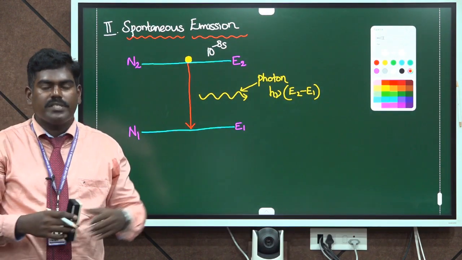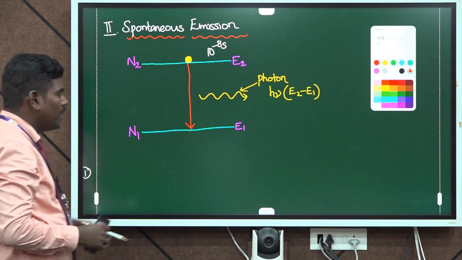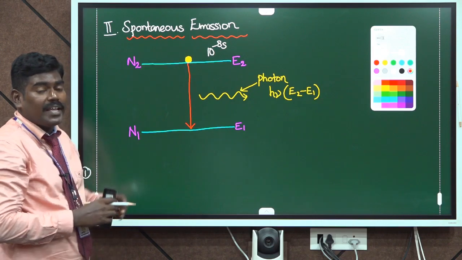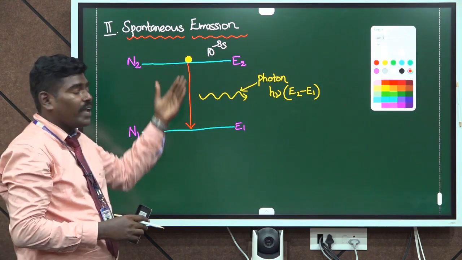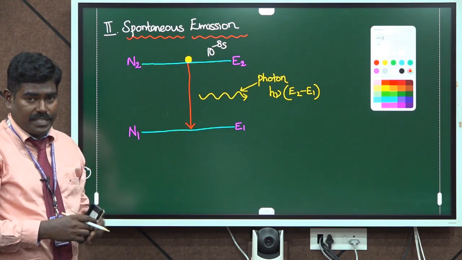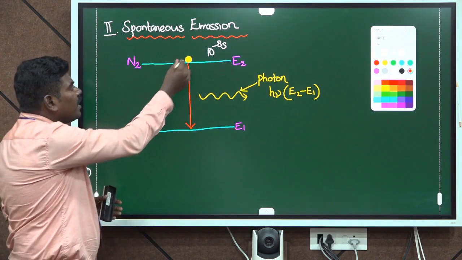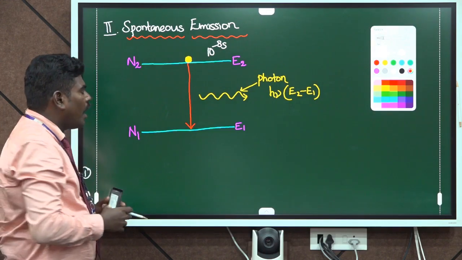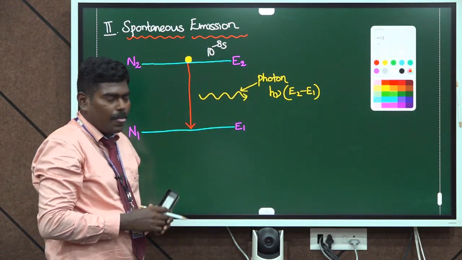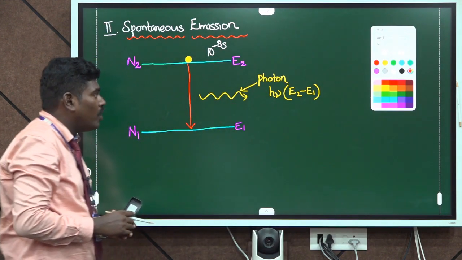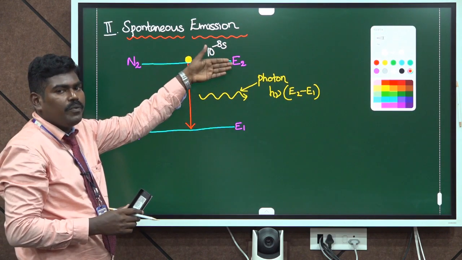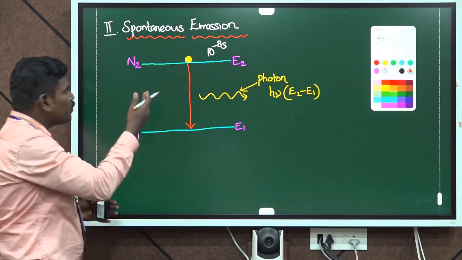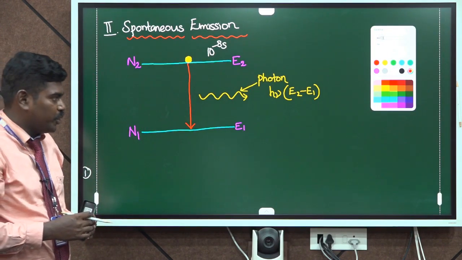The second process is spontaneous emission. In this process, the atoms are already in the excited state. You know the lifetime of an excited state atom is 10 power minus 8 second. Atoms suddenly return to the ground state without any external triggering, with emission of one photon. The photon has energy equal to the energy difference between the higher energy level and the lower energy level. So this process is spontaneous emission.